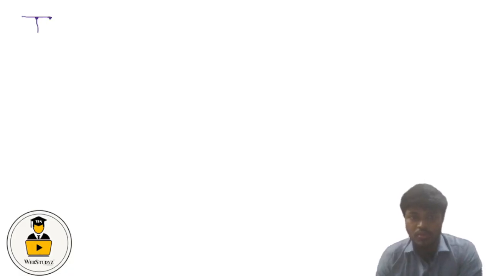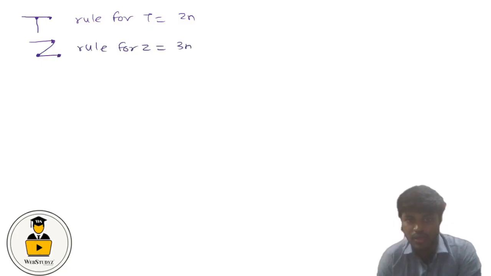So we can say that the rule for T will be 2n. Similarly, for Z, we will require a total of 3 matchsticks. So here also the rule for Z will be 3n.